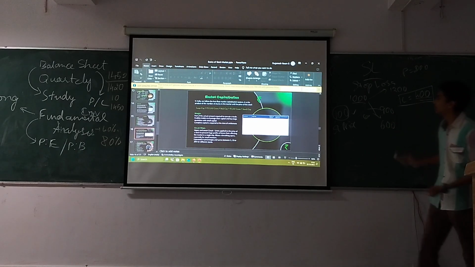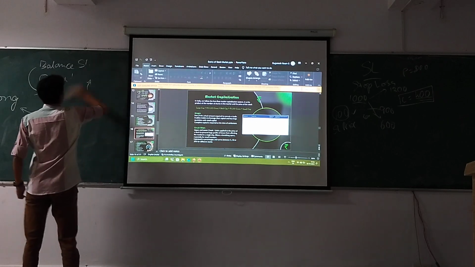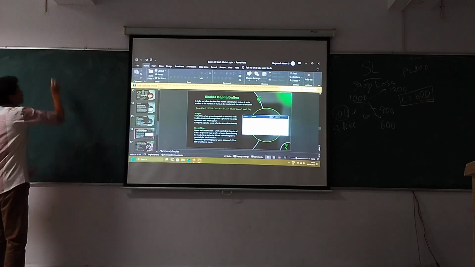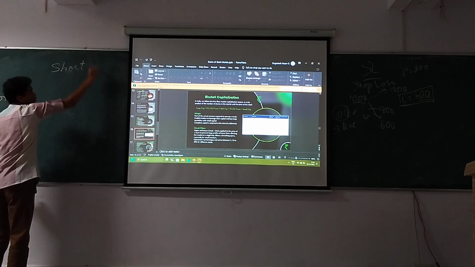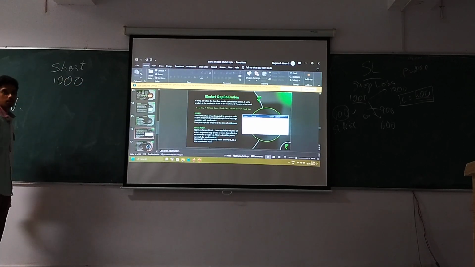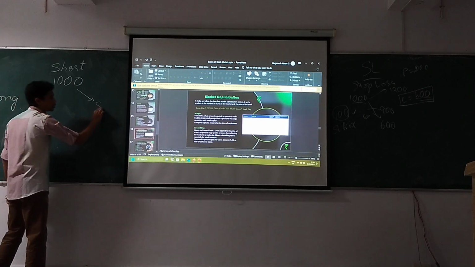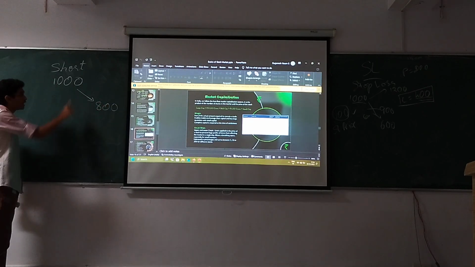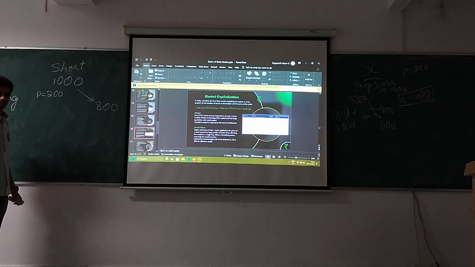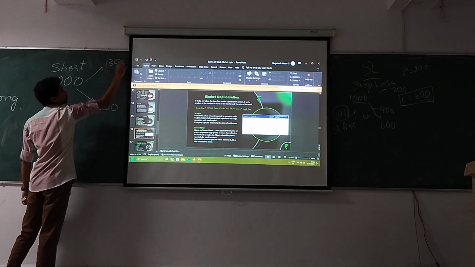For example, let me take an opposite situation. Instead of buying, we shall sell, short selling. We are shorting the same stock at 1,000 rupees. Shorting meaning your view is bearish. You are expecting the price to fall to 800 rupees. If it had fallen to 800, you would have made a profit of 200. But unexpectedly, it goes up to 1,300.